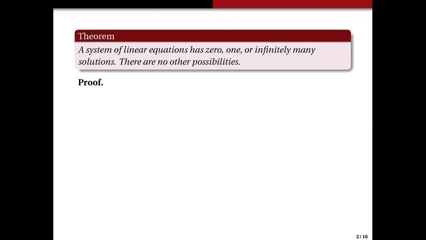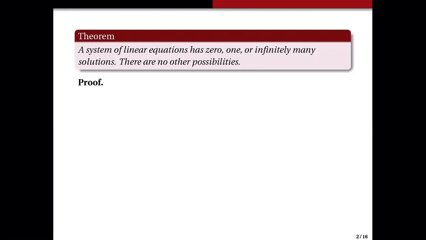In the past lectures, we have seen a system of linear equations that has no solution. We have also seen a system where there is exactly one solution, and a system that has infinitely many solutions. We have seen all these examples before.